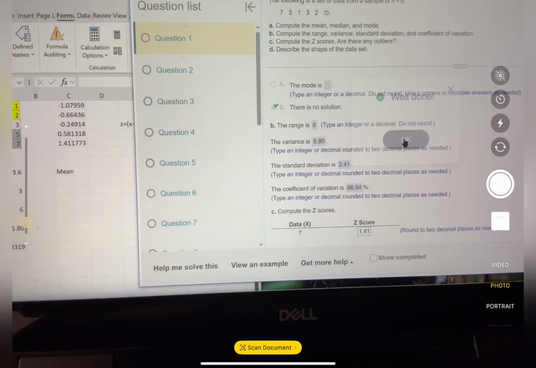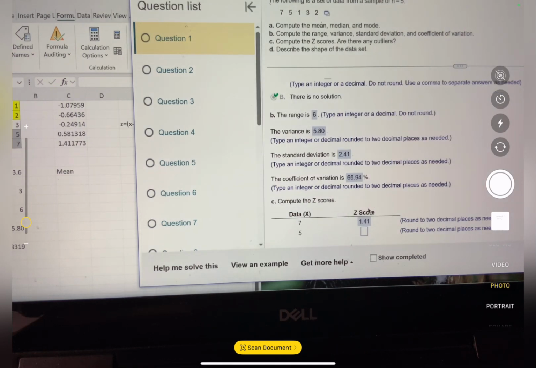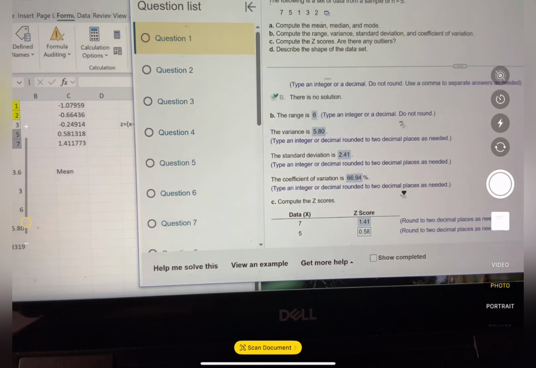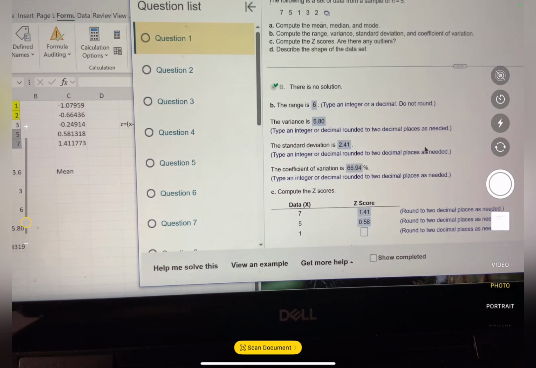All right, next is coming 5. 5 is 0.58. And then 1, negative 1.08 I would put, because 7, 9.